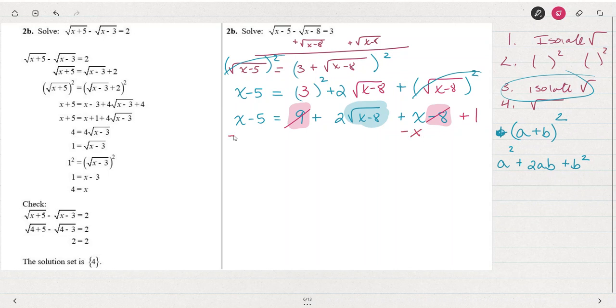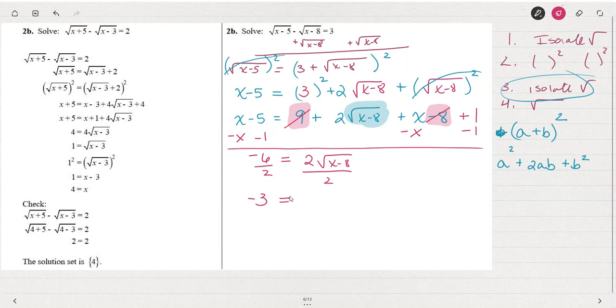But I'm going to subtract x from both sides. I'm going to subtract 1 from both sides. And I'm going to get negative 6 equals 2 square root of x minus 8. Divide by 2 to further isolate that radical. And I have negative 3 equals square root of x minus 8.